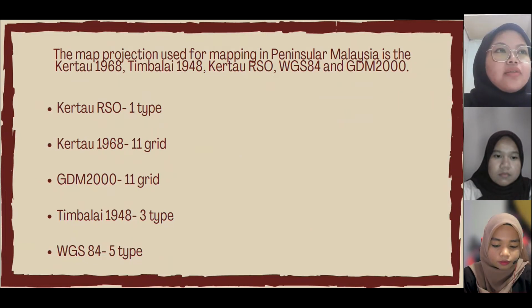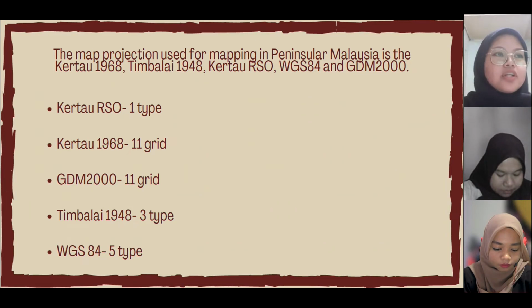In Kertau RSO, there is one type. For Kertau 1968, there are 11 grids. For GDM 2000, also 11 grids. For Timbalan 1948, there are three types, and WGS 84 has five types.